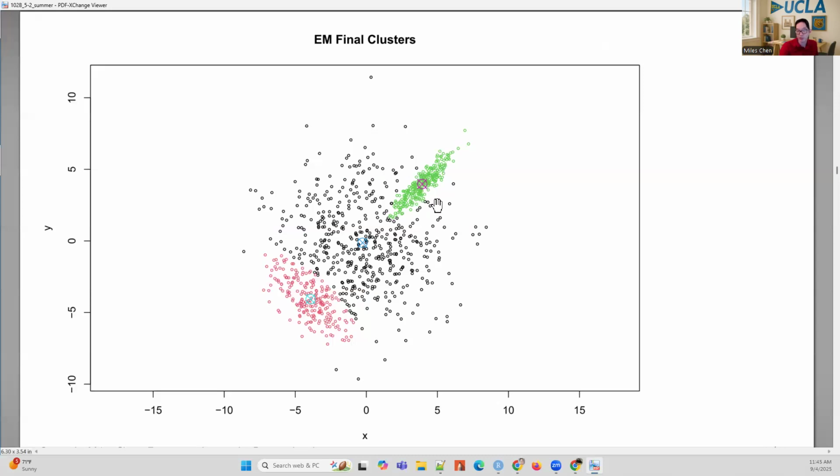So the EM algorithm is able to take into account the variance and covariance matrices by saying this is unlikely to belong to the green cluster because of the difference in covariance there. And so the EM algorithm takes that into account and is able to illustrate all of this. All right. So I think that's pretty great.